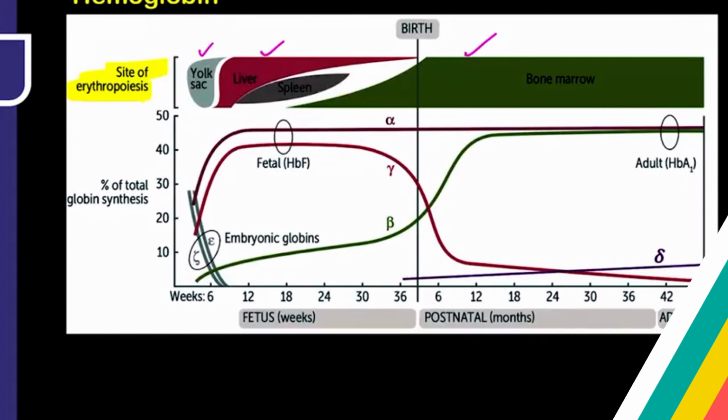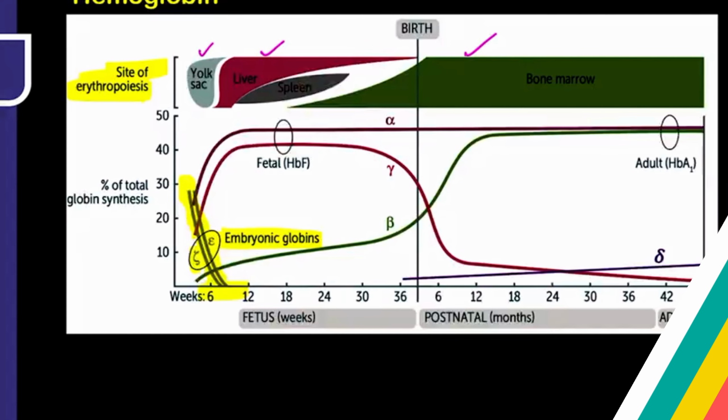First you look here. This is zeta, this is epsilon. When the zeta chain combines with the epsilon chain, this forms the major embryonic hemoglobin. Initially it is very high, then this embryonic hemoglobin disappears in and around 7 to 8 weeks of gestation.